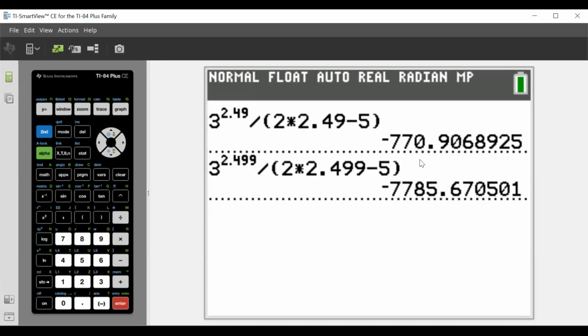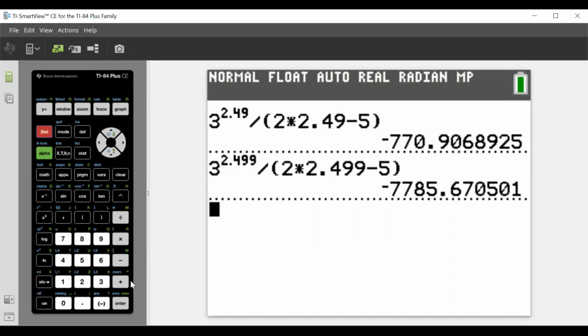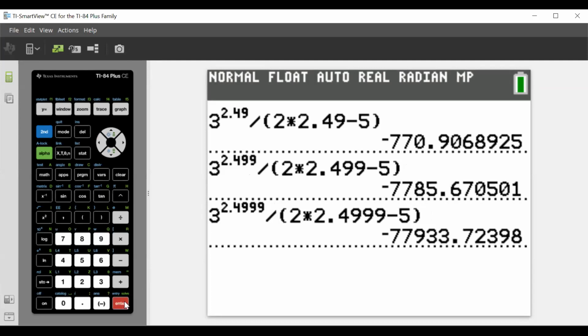And as you notice, we don't have anything that's kind of nice here, so we're actually going to have to do all of these. So that'll be second insert another 9 here, and add another 9 there. And so that's going to give us a negative 77933.724.